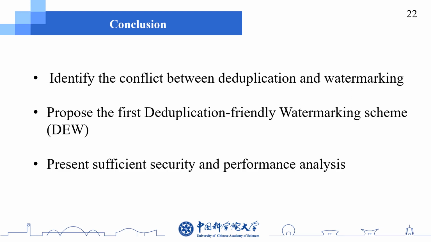We designed a deduplication-friendly watermarking scheme that can resolve the aforementioned conflict. A salient feature of our design is that it doesn't require any interaction among data owners or any trusted third party. Security analysis and experimental evaluation show our DEW is secure at the cost of modest additional overhead.